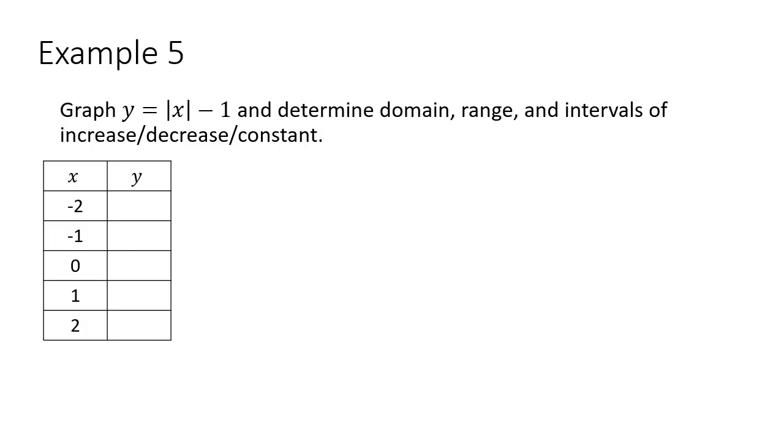So let's take a look at one more absolute value function. Once again, try pausing here and solve example 5. All right, so if we start plugging x values in, we plug -2 in for x. The absolute value will turn that into a +2, but you still got the -1 at the end, which will take it down to a +1.